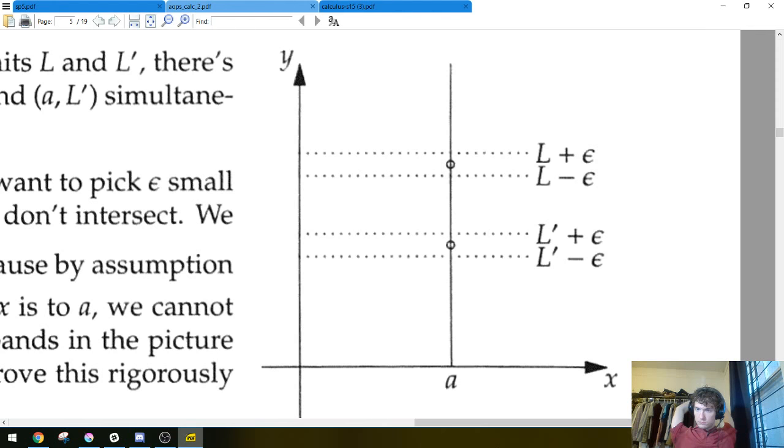The way I'm understanding this is that, let me think about how to word this.